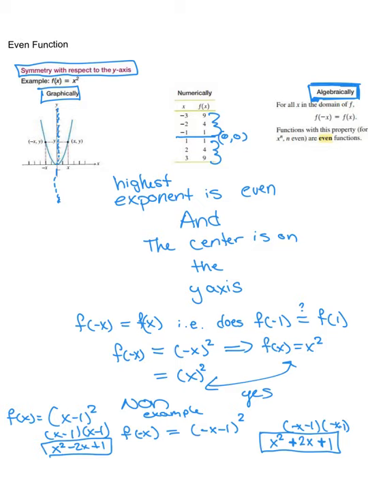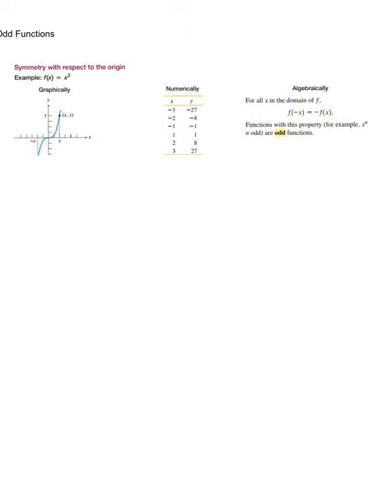So now we're going to look at odd. An odd function has its symmetry right at the origin. Okay, so if you were to fold at that dot, they should fold on top of each other. You can kind of look at this as a rotation. When you rotate it, would it land on itself? And it absolutely does in this case, okay? So again, it is an odd function, but that's not the only case.